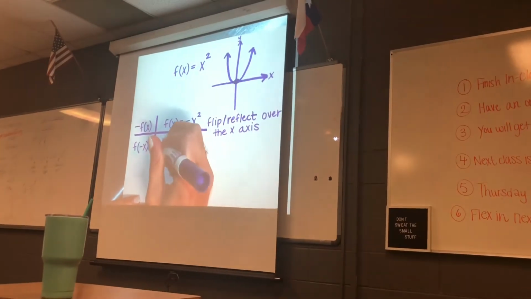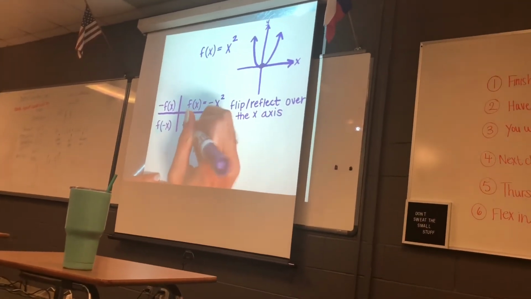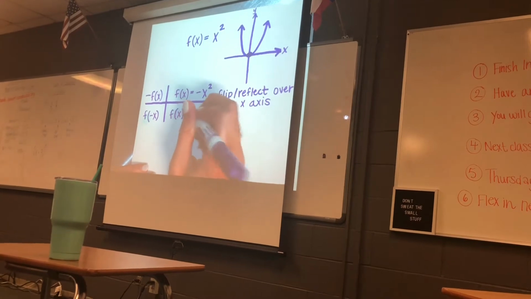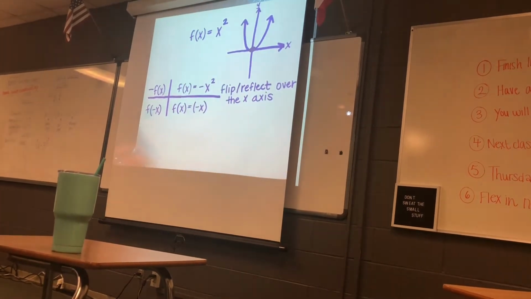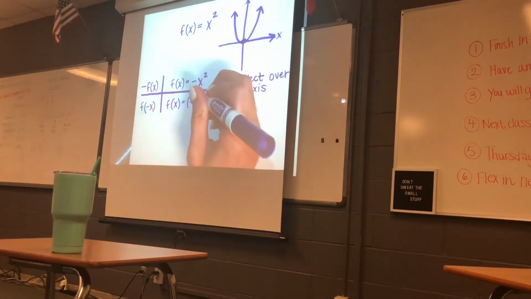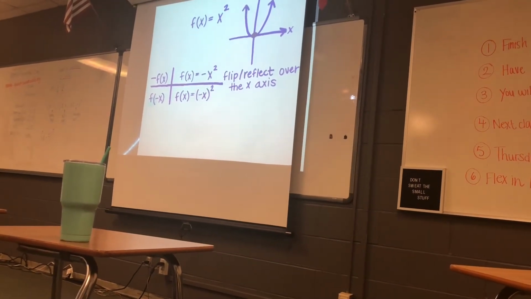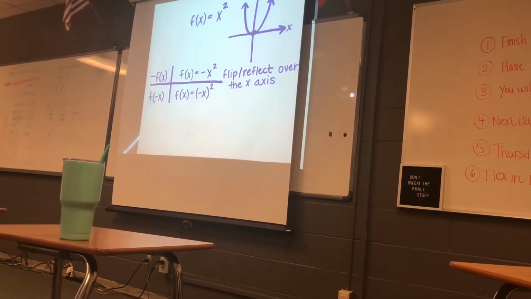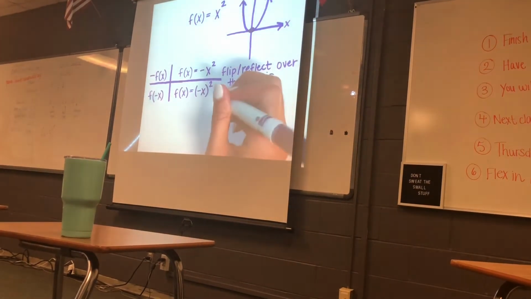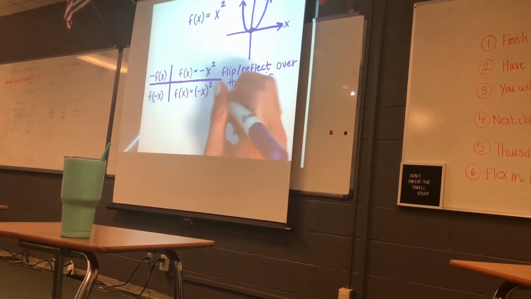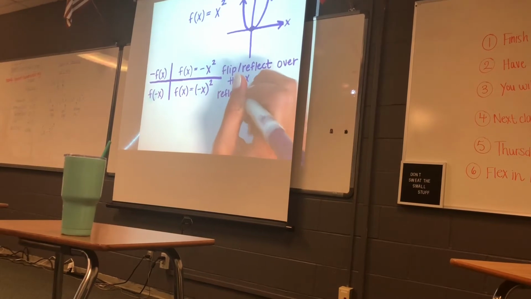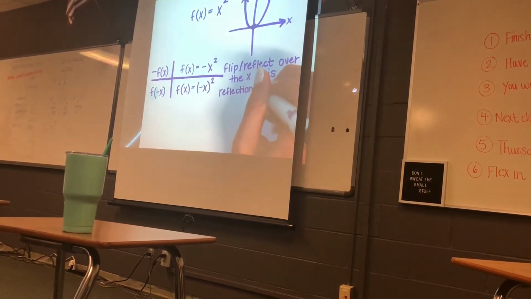Written out in the actual equation, it would still have the minus x, but they would make sure to close it in parentheses before they put the squared, so that you knew it went only with the x. And that would be a reflection over the y-axis.